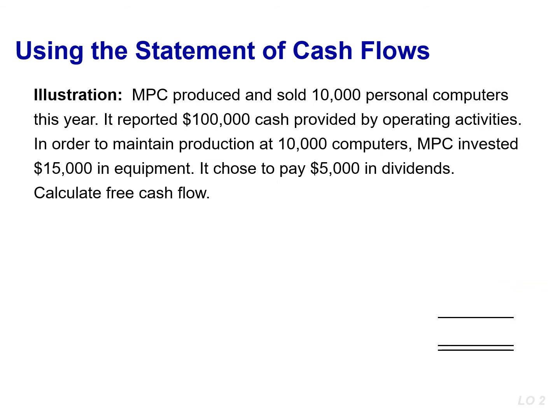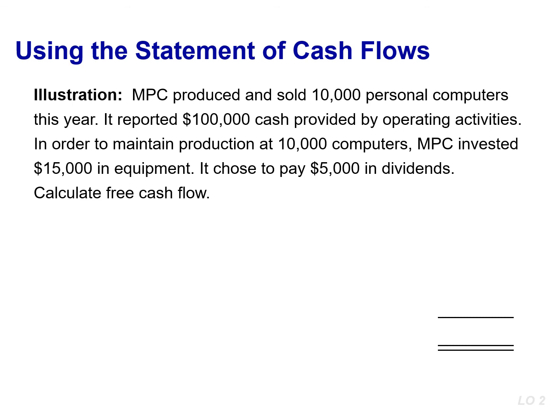MPC produced and sold 10,000 personal computers. It reported $100,000 of net cash provided by operating activities. In order to maintain this level of production, MPC invested $15,000 in equipment. It also paid $5,000 in dividends.